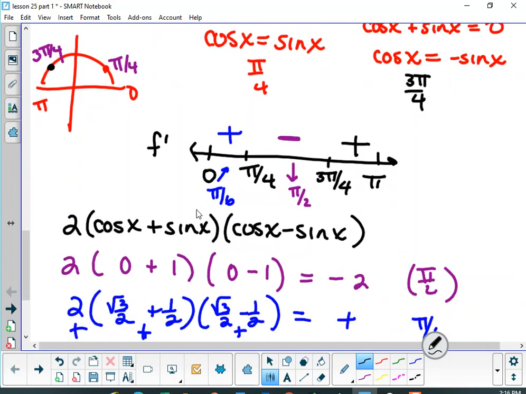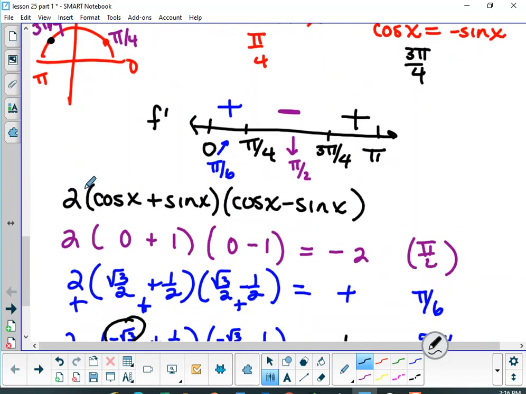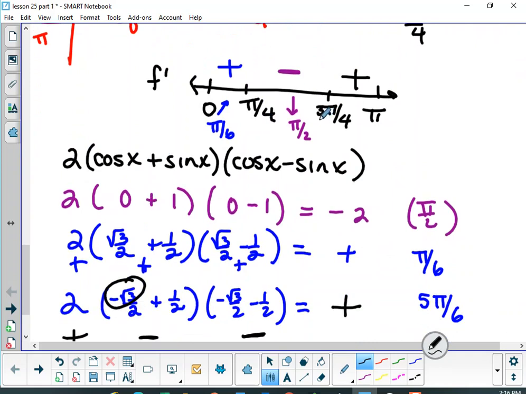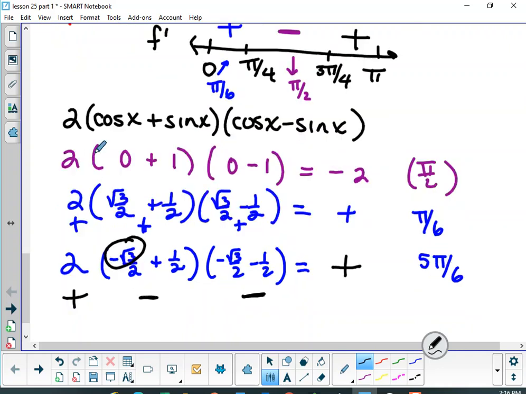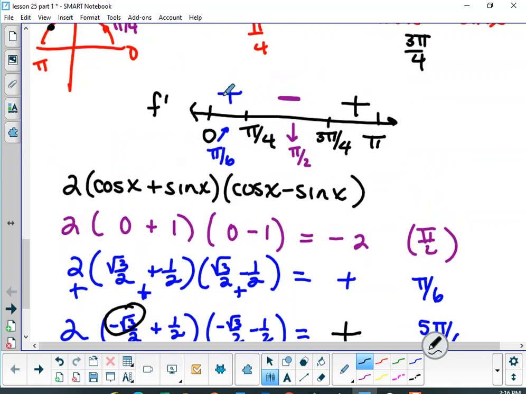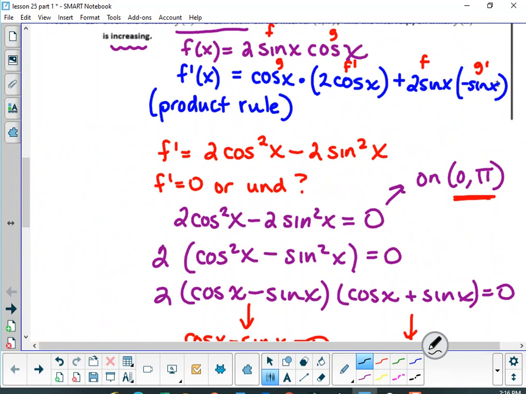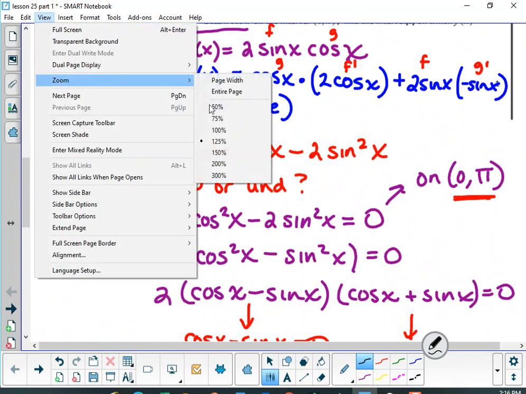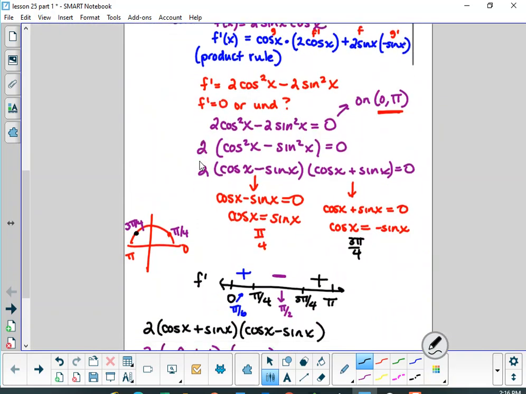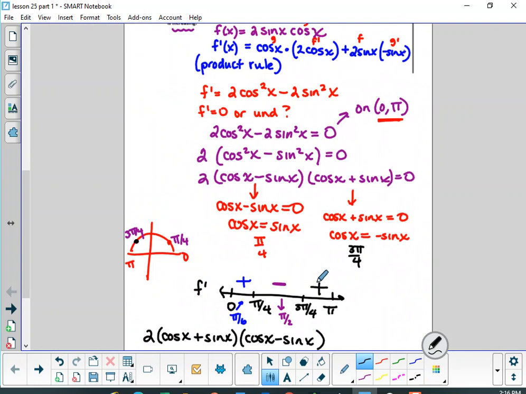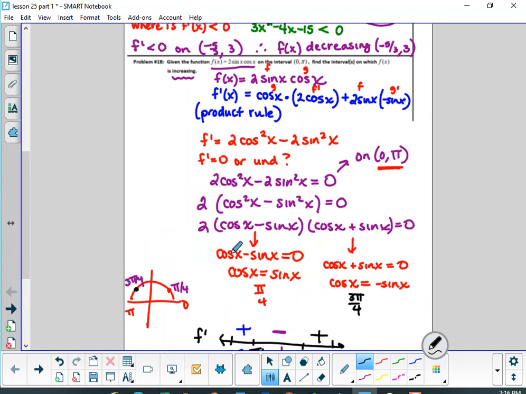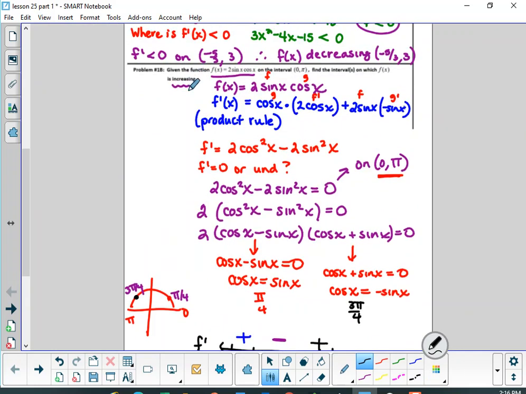All of that work: our derivative, which took work, our critical numbers, which took work, our evaluating of f prime around those critical numbers took work to look at the signs. And what did we end up determining? Here's my number line, and I was looking for increasing.